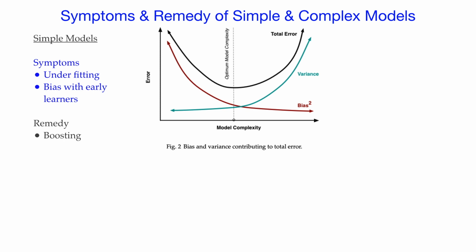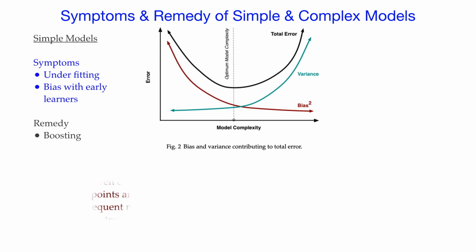And let's take an example of a decision tree. If we have a decision tree with just one or two branches, that is a simple model, and this model will be underfitting. That means each time when you do the experiment, there will be a bias on it, because it doesn't have the required number of features.